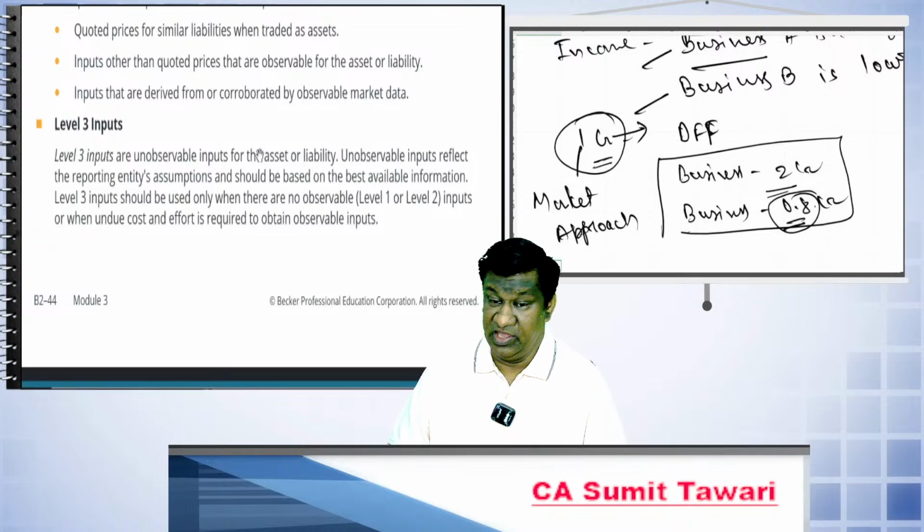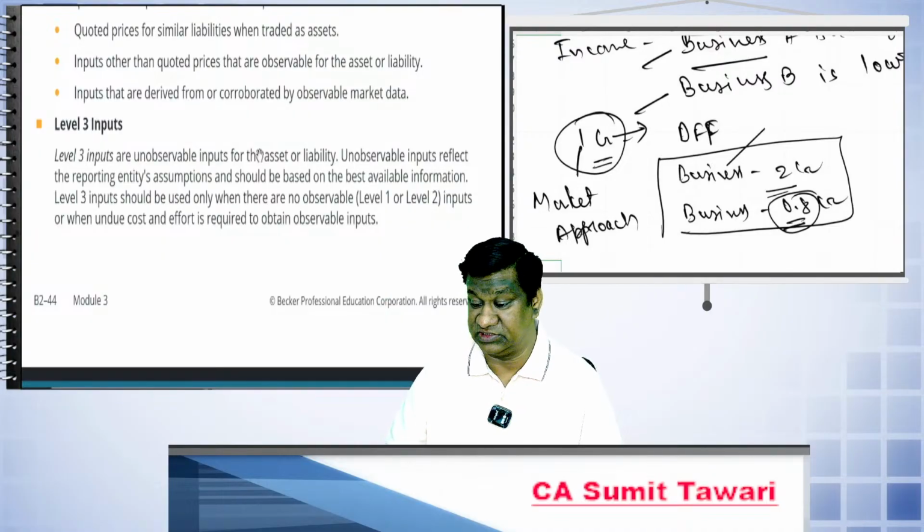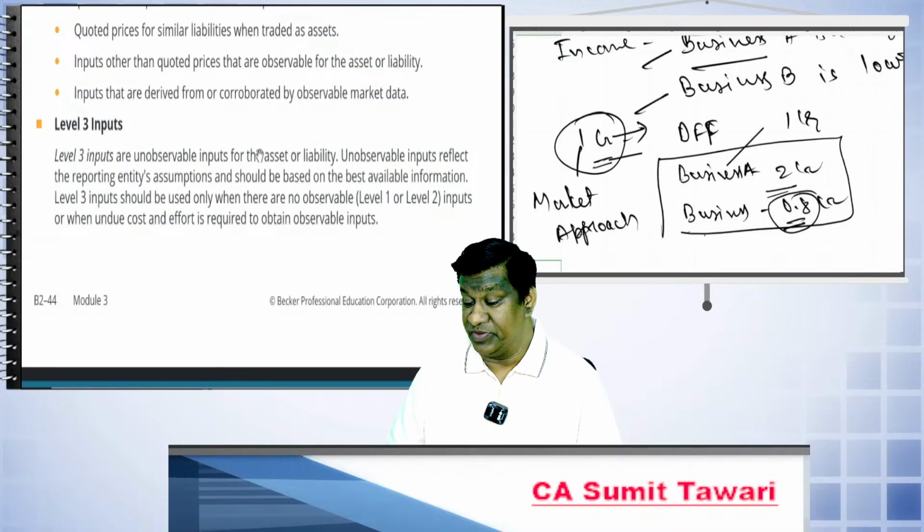That's for sure. As per the conservative basis of accounting, you need to book the losses as and when incurred, but you need to defer your income. So in business A's case, you need to value the asset at 1 crore, as per the market approach. But for business B's case, you need to value the asset as per the income approach.